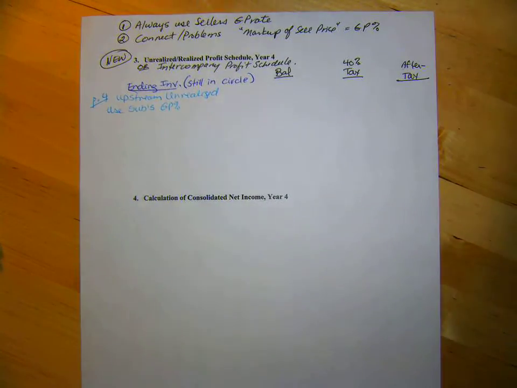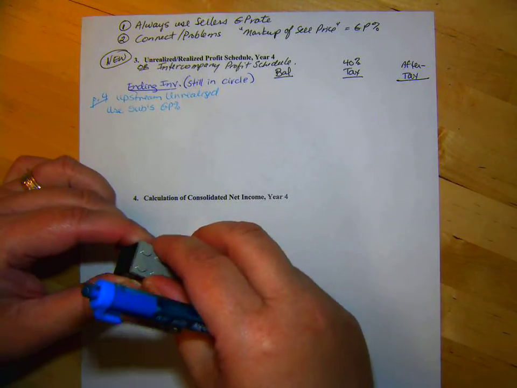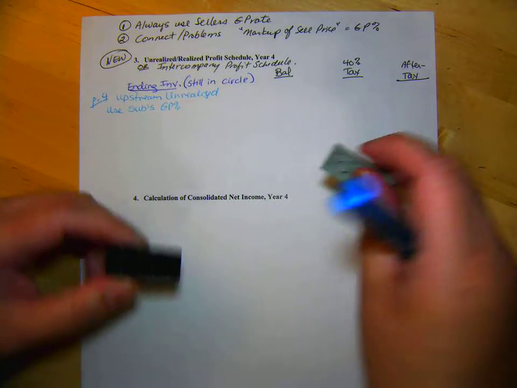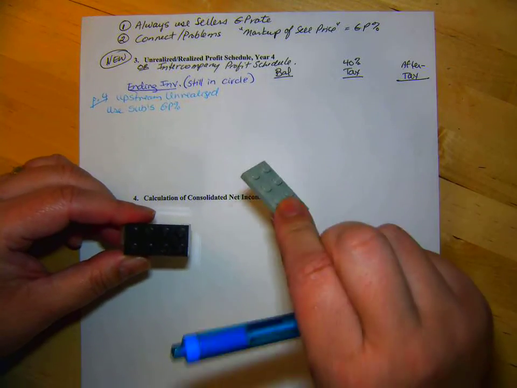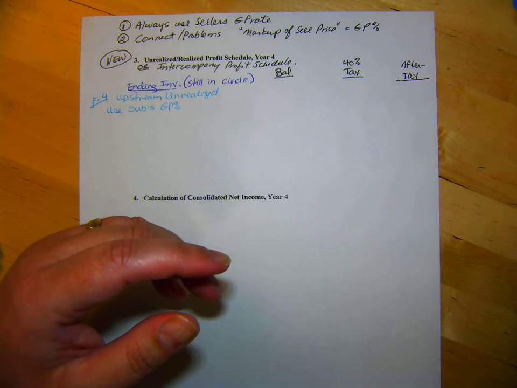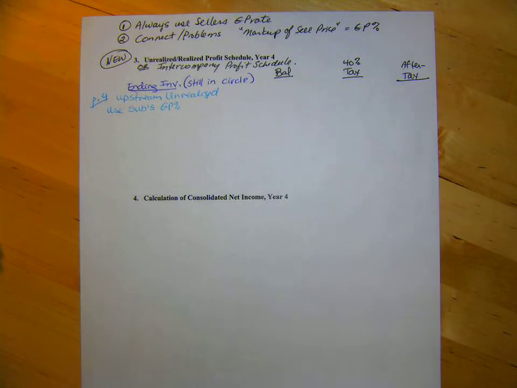So in the little Lego terms, the sub would have sold this and put their profit on. We've got to take this profit off. So that's what we're calculating. We have to take that off because it's sitting in the parent's inventory. It wasn't sold on outside.